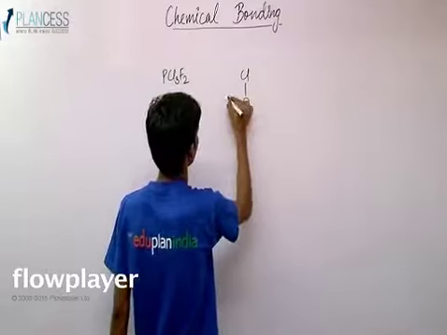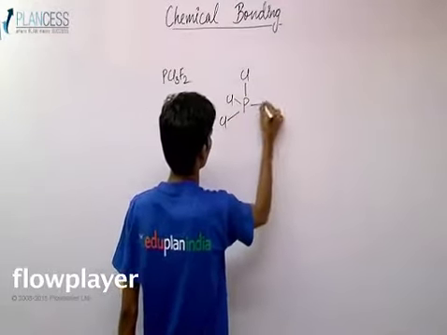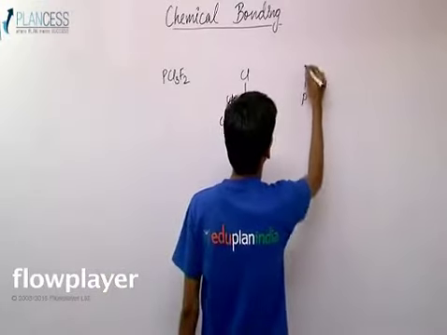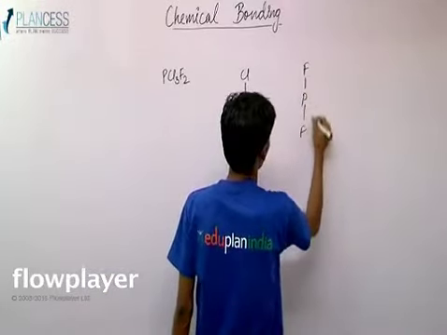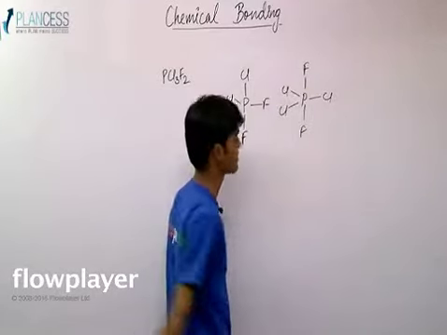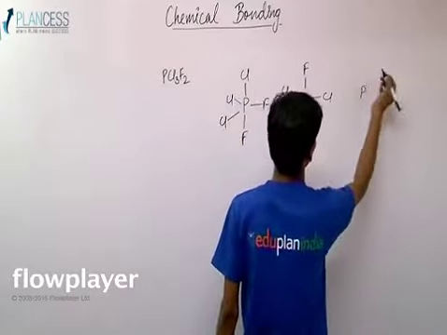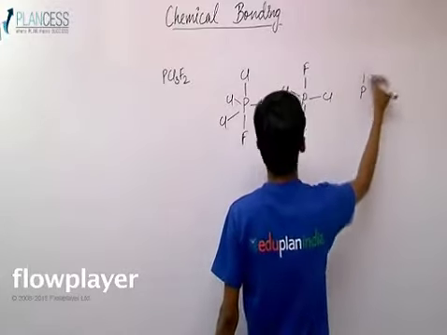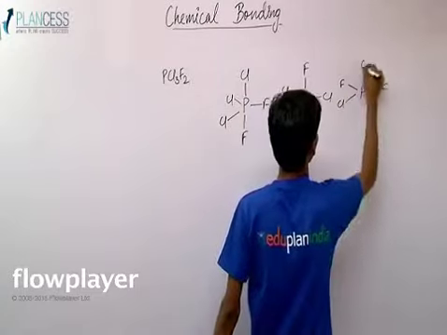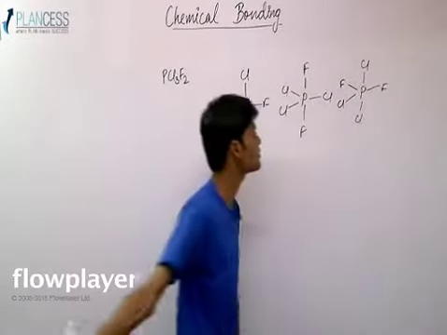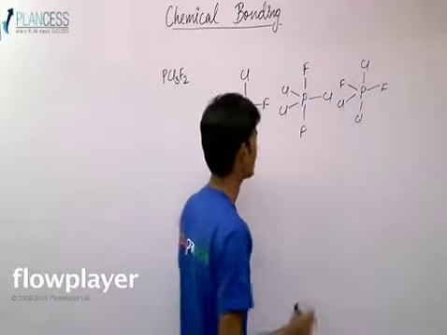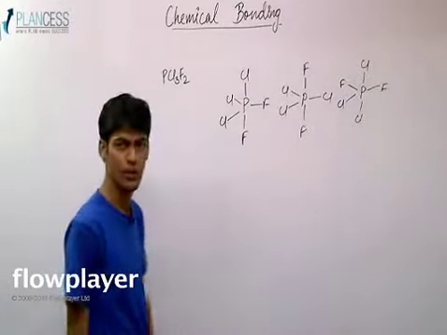Either this structure is possible, with Cl here and F, or one of the possible structures can also be P with both F at the equatorial position, and Cl. One of the rules says that the more electronegative element should come at the axial position and the less electronegative element should come at the equatorial position.